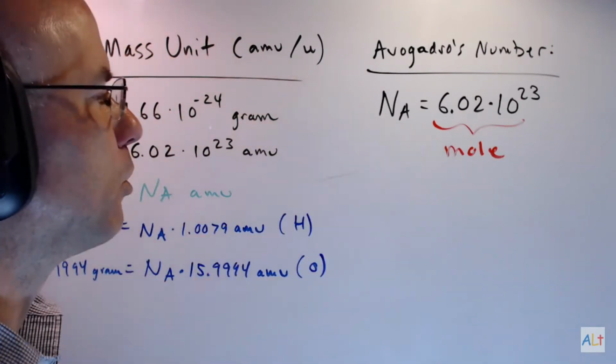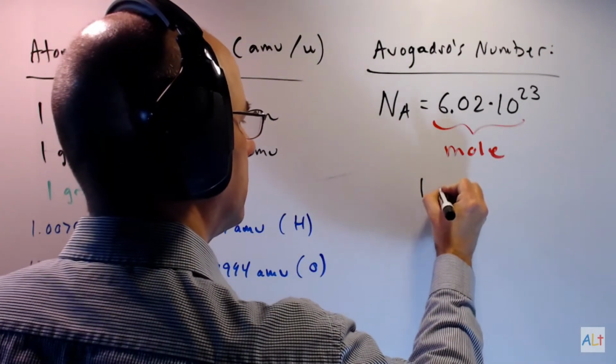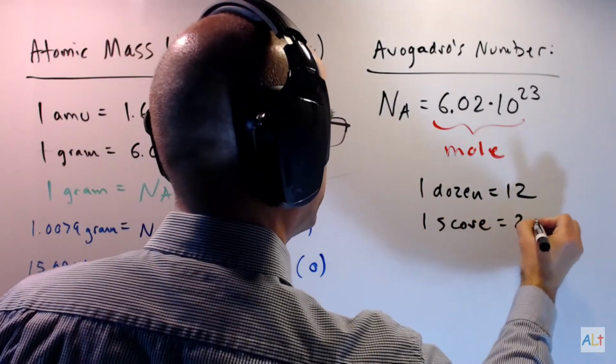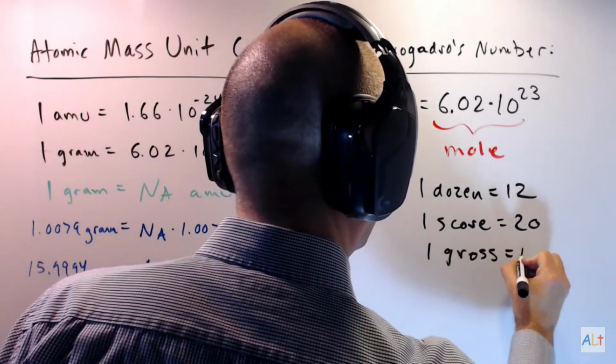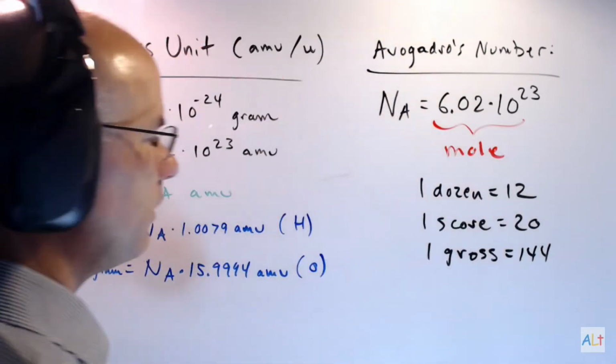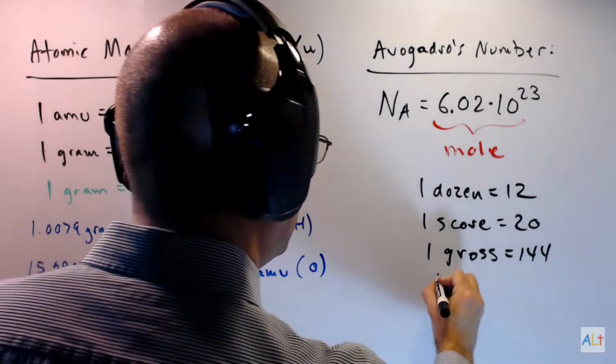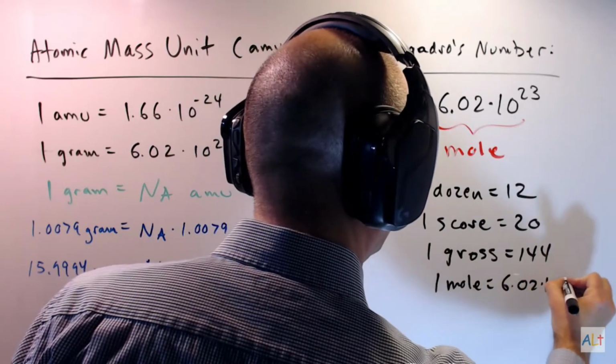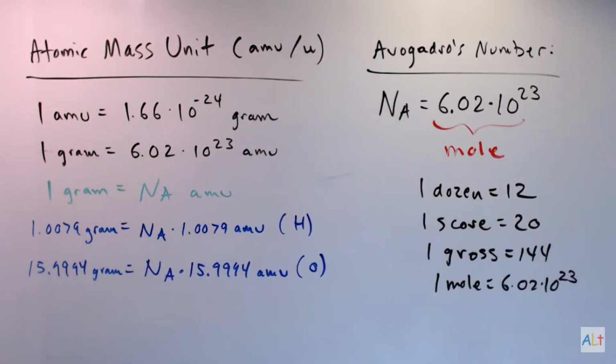And there are other number words like that. 1 dozen is 12, 1 score is 20, 1 gross is 144, that's a dozen dozens, and 1 mole is 6.02 times 10 to the power of 23.